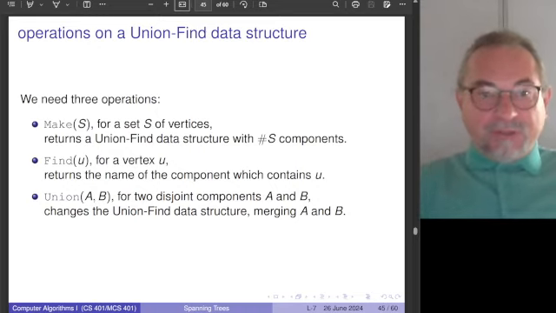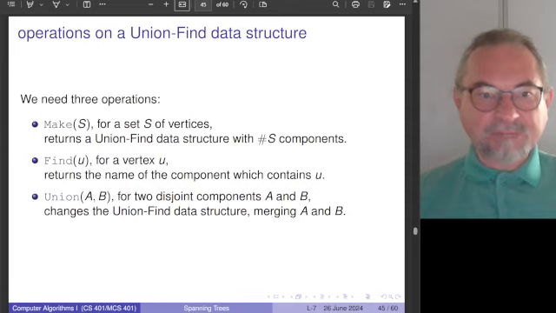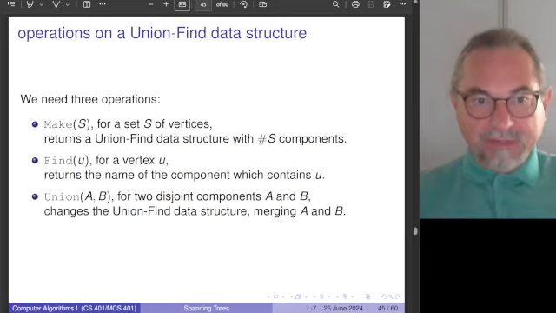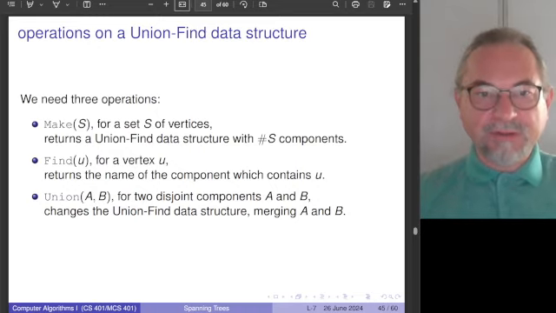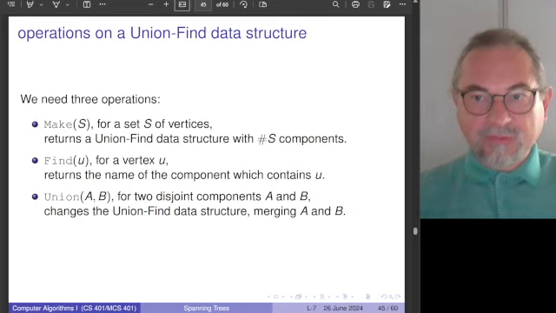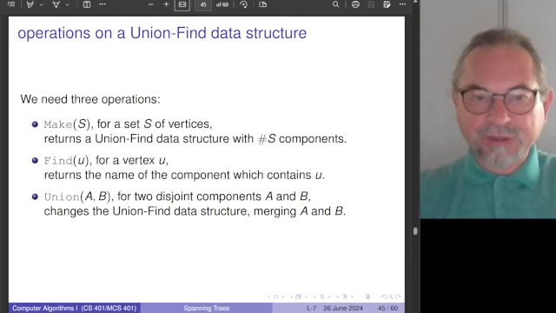For each vertex, we have to quickly find the name of the component which contains that vertex. And then if we have two disjoint components given by their names, we need to change the union find data structure so that A and B are merged. So these are the three major operations we need.